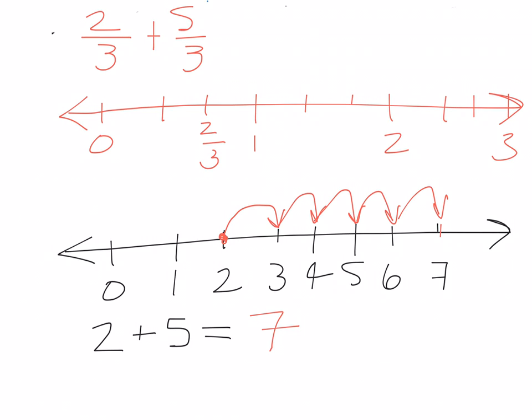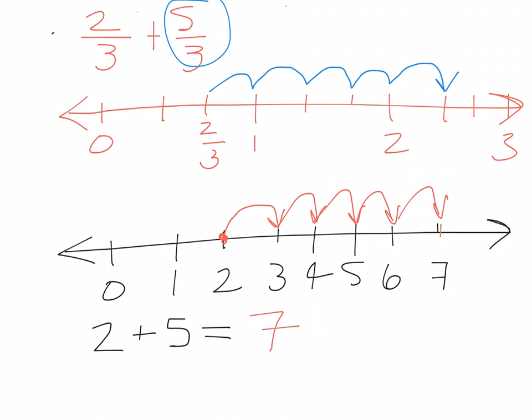We're going to add 5 thirds to 2/3, which means we're going to take 5 steps, but our steps, instead of with whole number addition, where we were stepping whole numbers, our steps now are going to be in 1/3. So here's 1/3, here's 2/3, here's 3/3, here's 4/3, and here is 5/3.